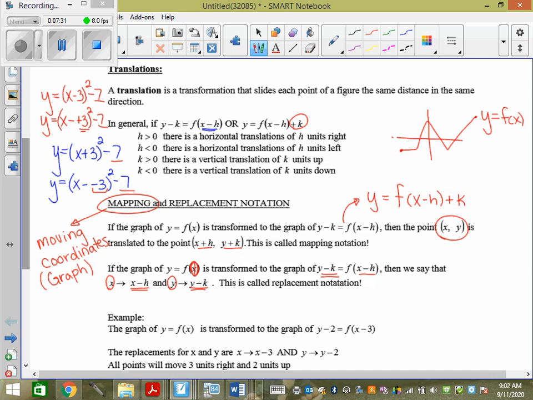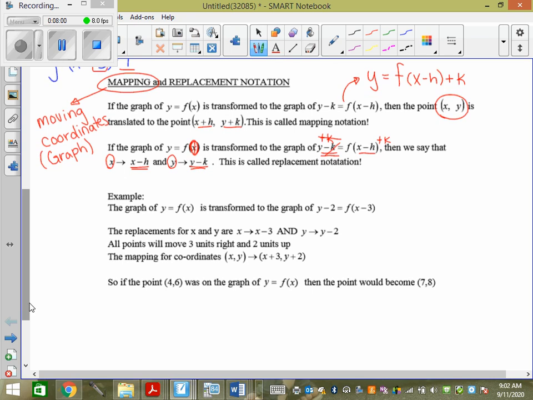So h is always going to be with x, so we're always going to do the opposite. In this case, k is with my y, isn't it? So I'm going to do the opposite. If it's minus k, it's actually moving k up. Why is that? Because I need to move the k over. When I move the k over, it's a plus k. So it's always in your best interest to just get it in y equals every single time. If it's not in y equals, I move it to y equals.